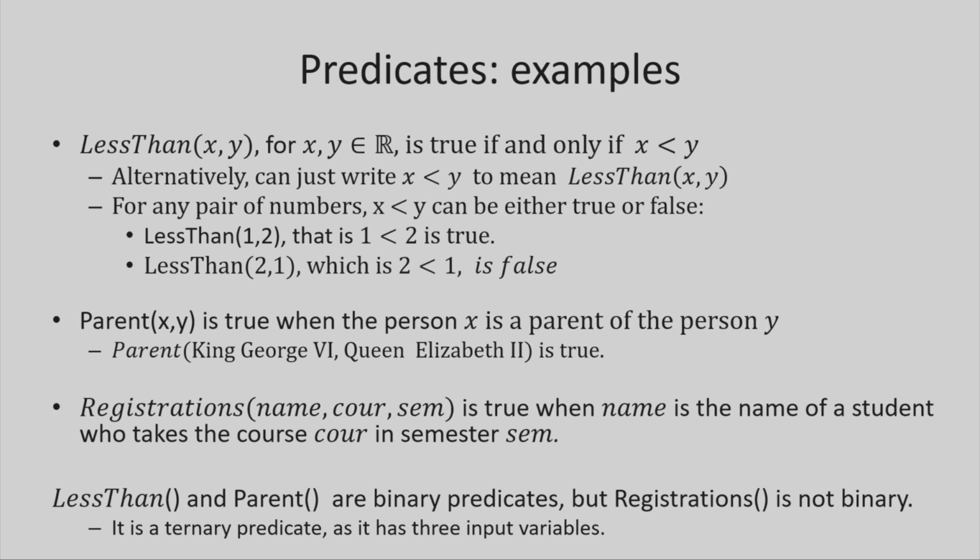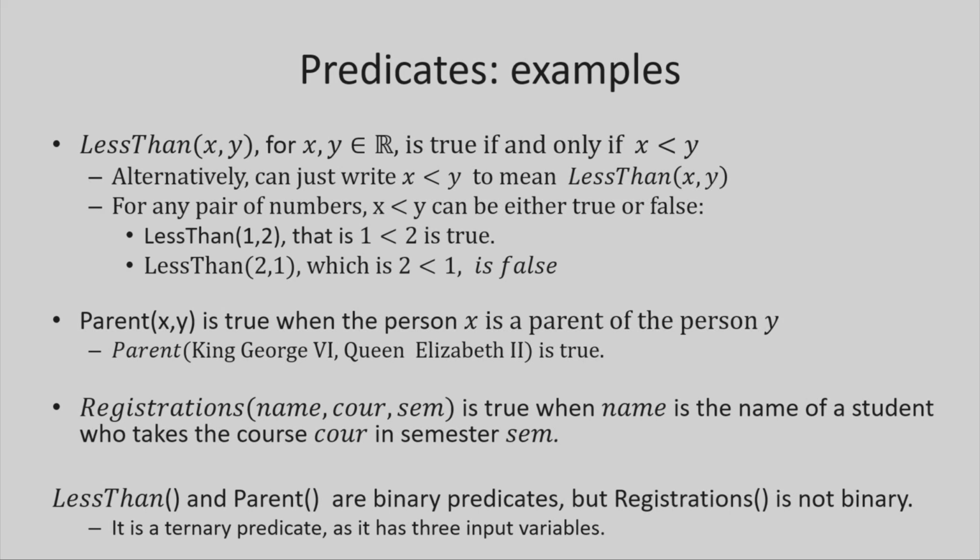So we could write a predicate less than, which is true on numbers x and y. Again, x and y are just placeholders, if and only if x is less than y. Which means if I take the predicate less than and I replace x with a 1 and y with 2, that will be true.